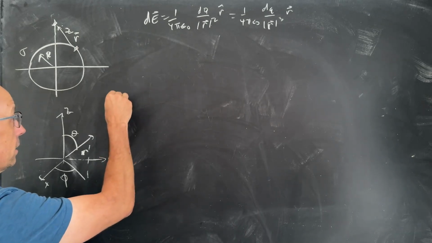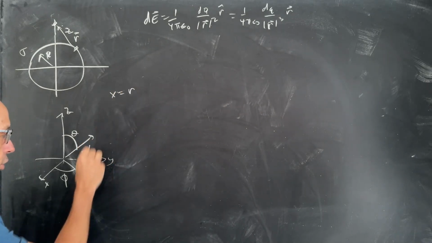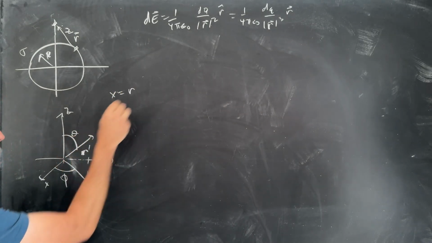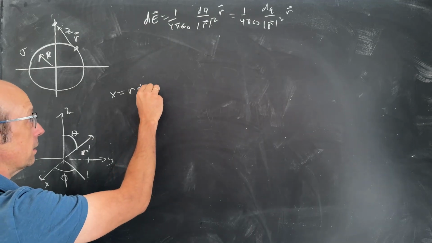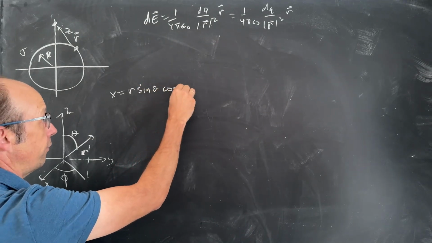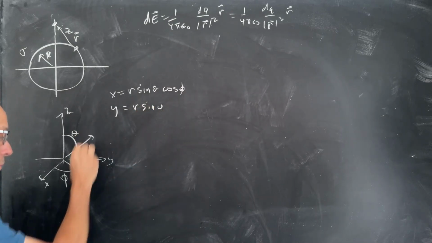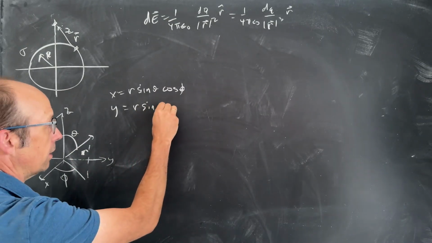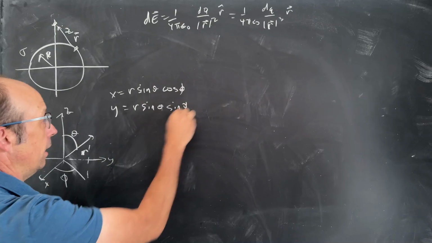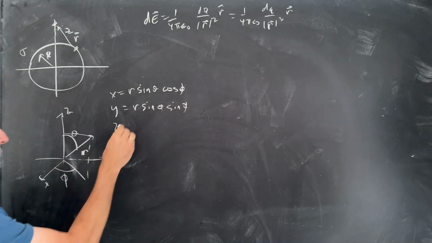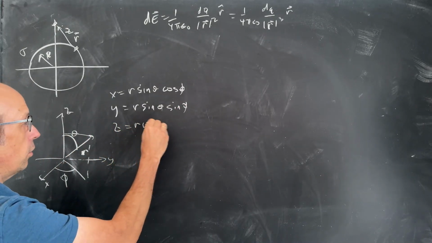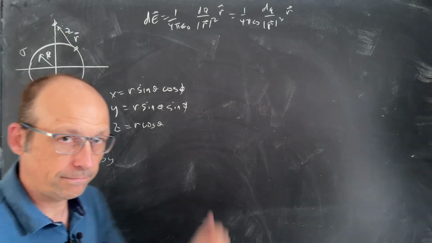So x is going to be, we're going to project that down, so it's going to be r sine theta cosine phi. Y is r sine theta, we project down, and then that's a theta, sine of phi. And then z, we just project over here, and we get r cosine theta.